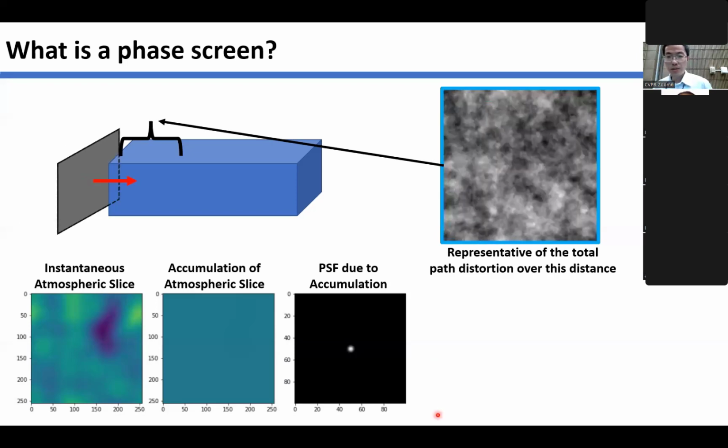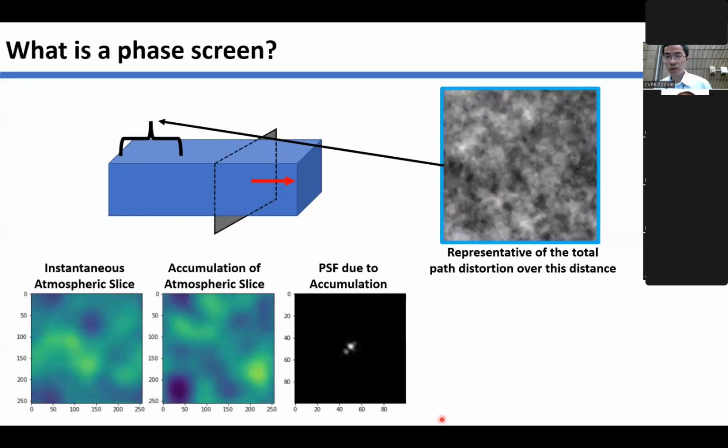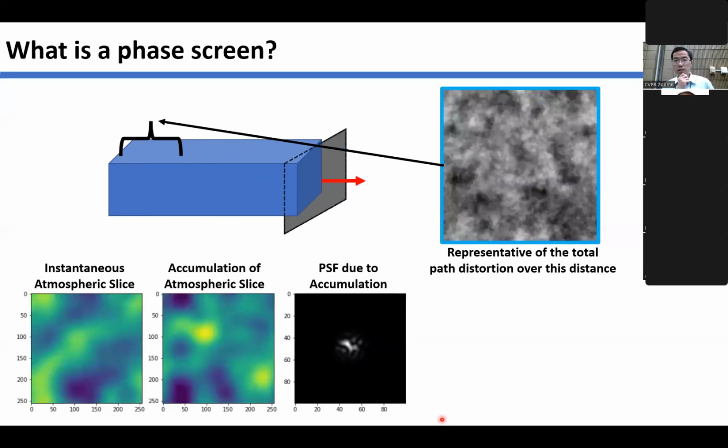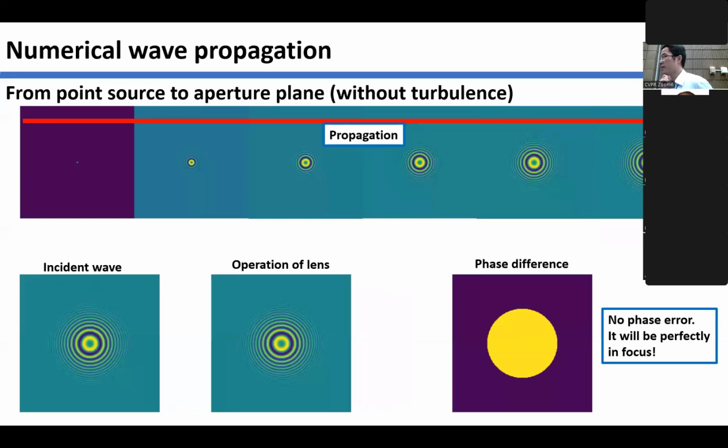Okay, so this is an animation that Nick has shown you before, to give you a sense of the effects of the propagation path. In this slide, we're showing you how the point spread function changes as the propagation path grows. From point source to aperture plane, without any turbulence, it will have this kind of shape.